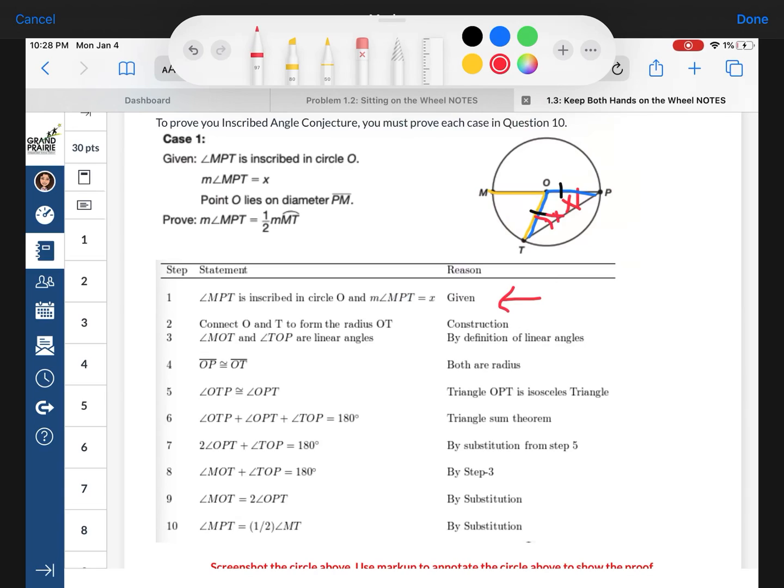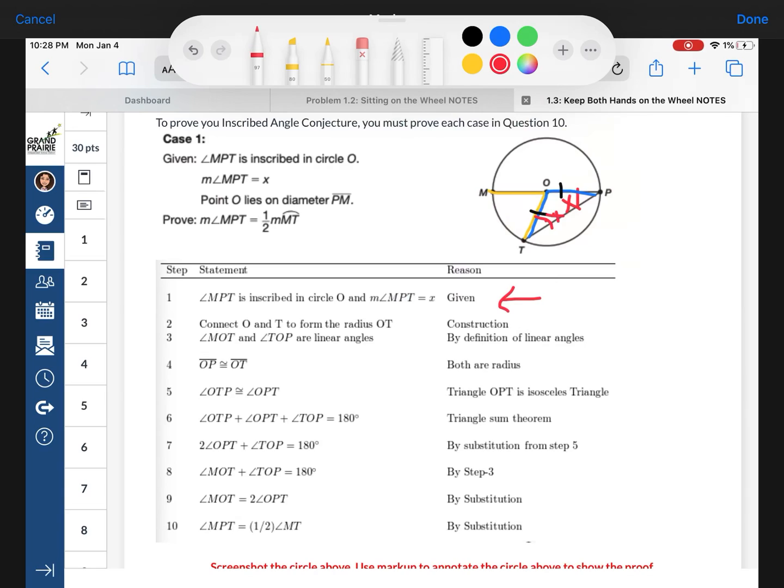Last two steps. Step 9 says that the measure of angle MOT is equal to twice the measure of angle OPT. That is the case because by substitution, steps 7 and 8 both contain angle TOP. So if we eliminated TOP from both 7 and 8, we would end up with MOT and twice OPT, and that means that those two would be equal to each other.